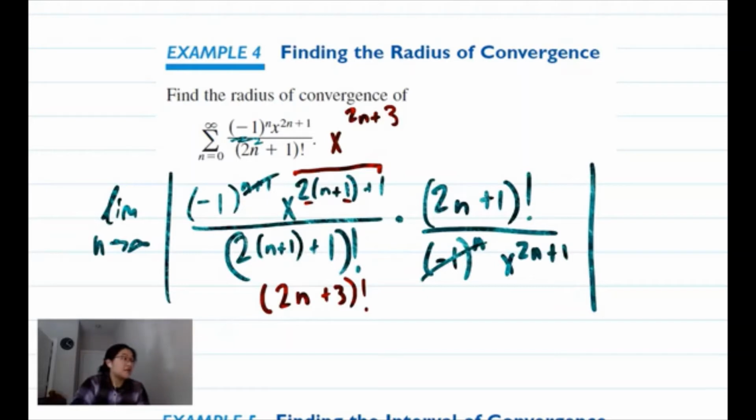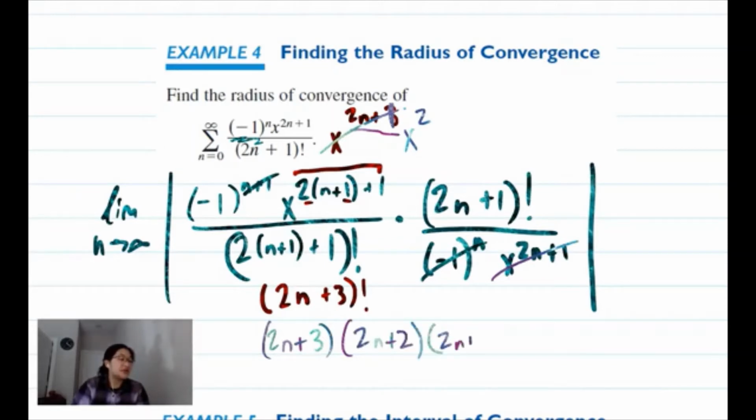We have things that will cancel out nicely, right? We end up with x to the second. So those cancel out. 2n plus 3 times 2n plus 2 times 2n plus 1 factorial. So those cancel out. And what are we left with?